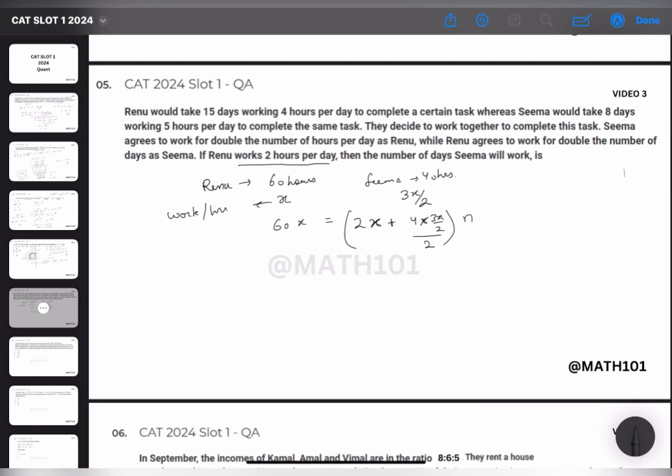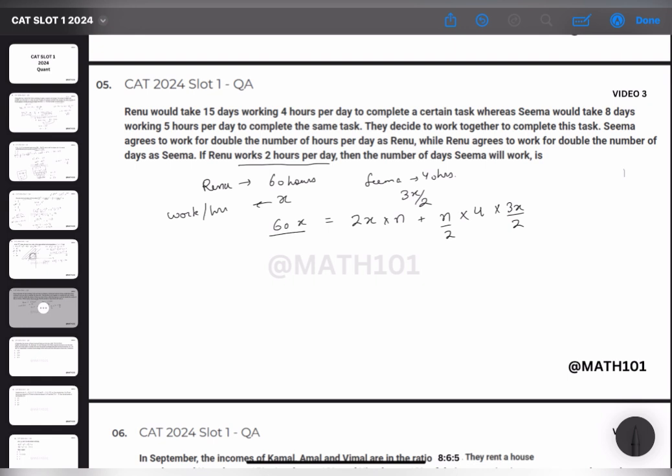is equal to 60x. Let's forget it. 2x is the work Renu does in a day, into n, plus n upon 2, the number of days Seema works, into every day she works for 4 hours, into every hour she works 3x by 2 amount.